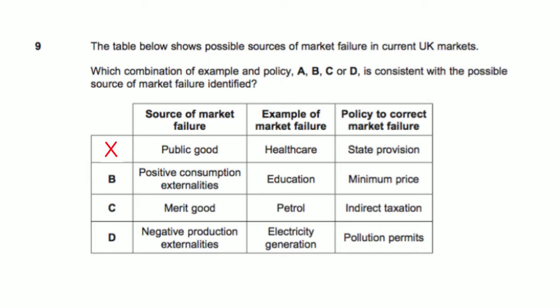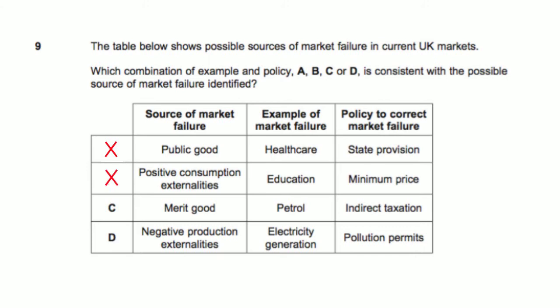If this minimum price was above the current equilibrium price, it would cause the price in the market to rise, and this would result in less being consumed. Therefore, the minimum price policy would actually have the opposite effects of what you want to happen. It would actually cause a greater amount of underconsumption of this good. Therefore, B is also wrong.